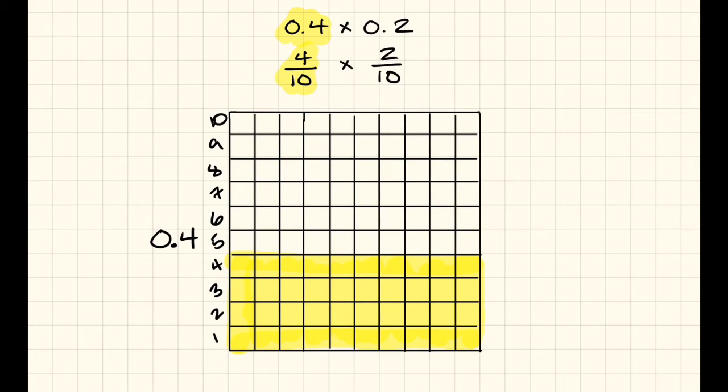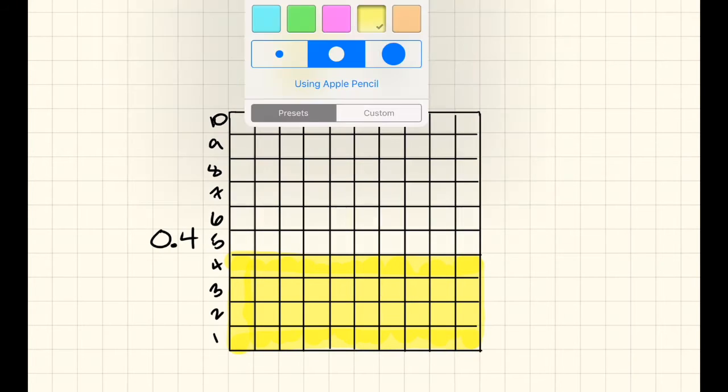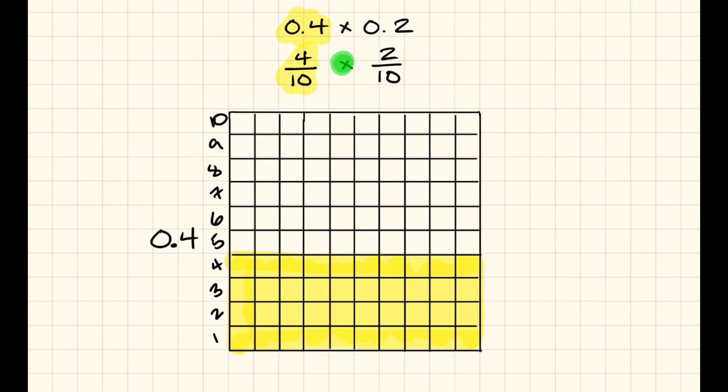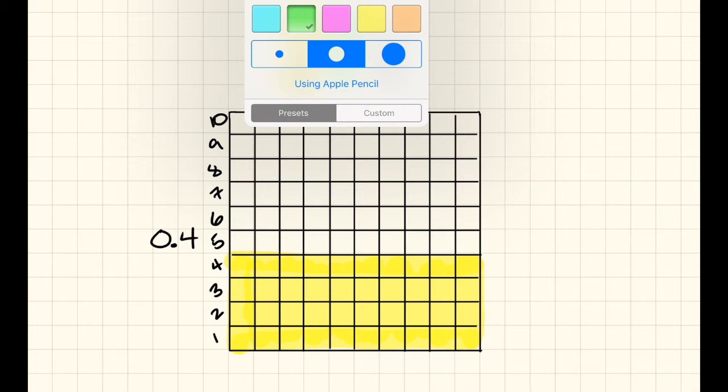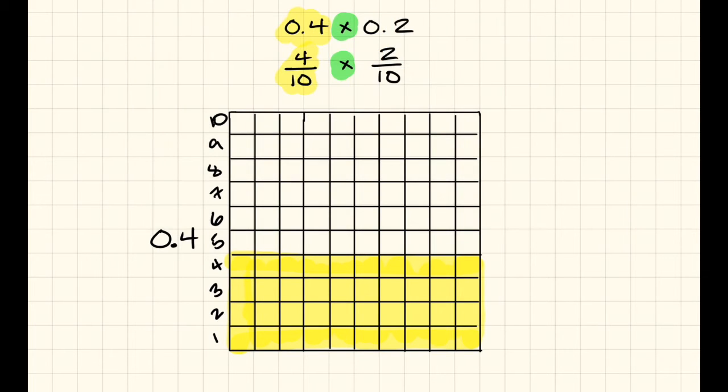Now, this is just one piece of what we're trying to do here. This multiplication, as we've talked about in prior lessons, is actually "of." So we're really asking, what is 4/10 of 2/10? So the second step is, we're going to represent 2/10 on the same model, but instead of using rows, this time we're going to use columns.